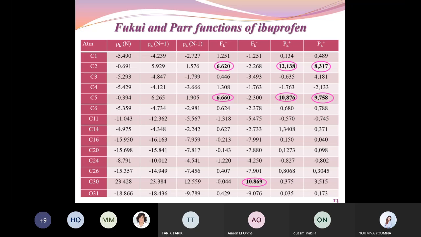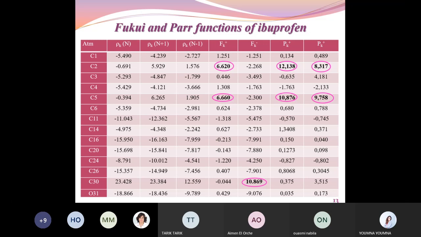This table shows the Fukui and the Parr indices. The f plus measures the density change when the molecule gains an electron, carbon 2 and carbon 5, and this corresponds to reactivity vis-a-vis nucleophilic attack.